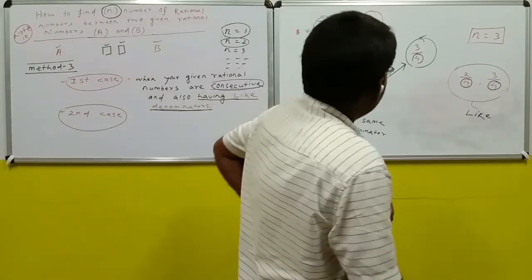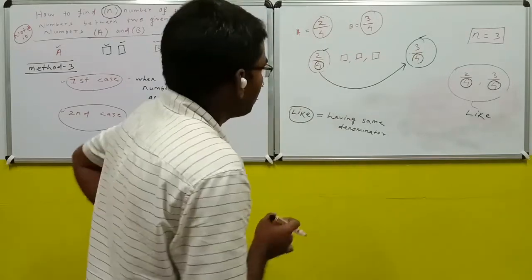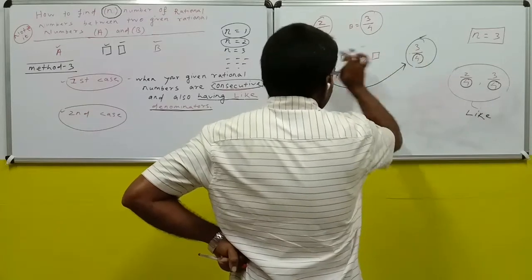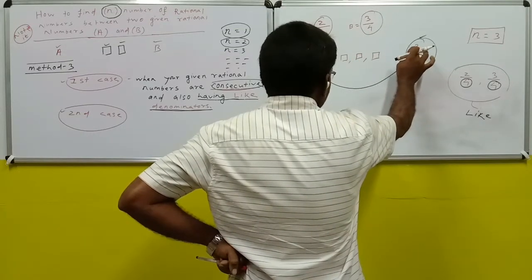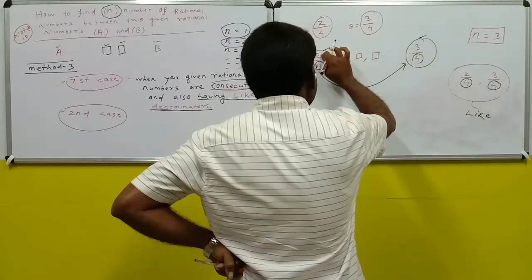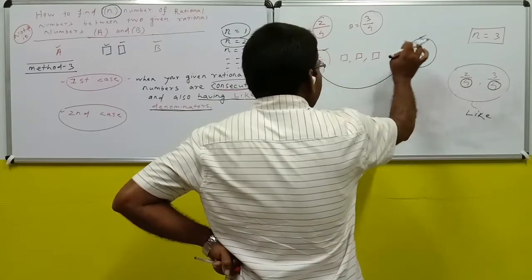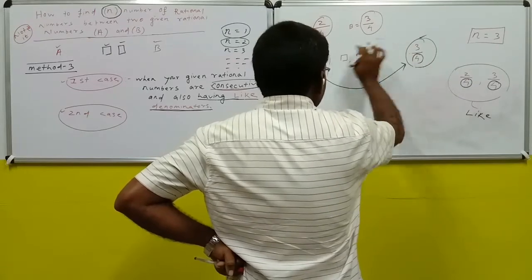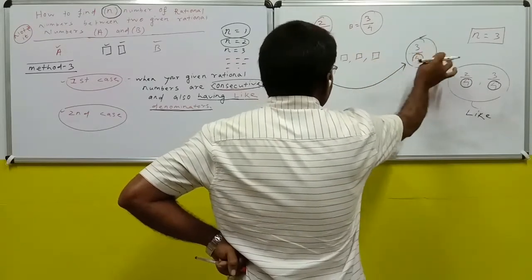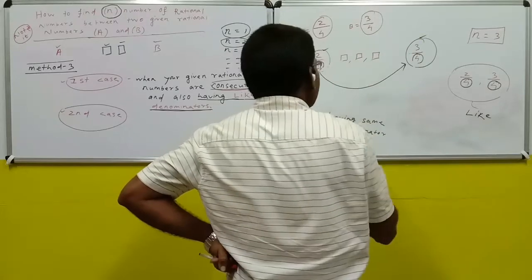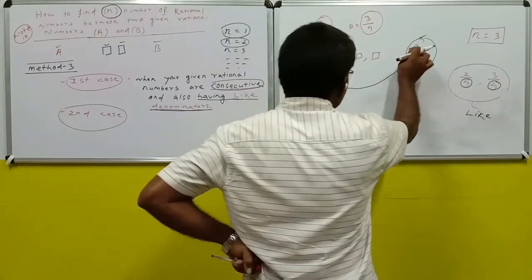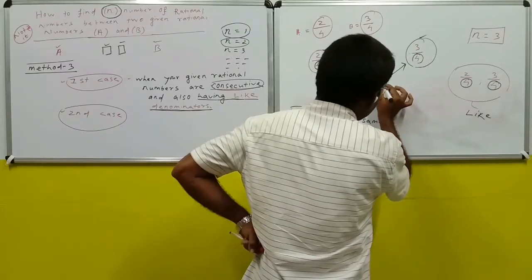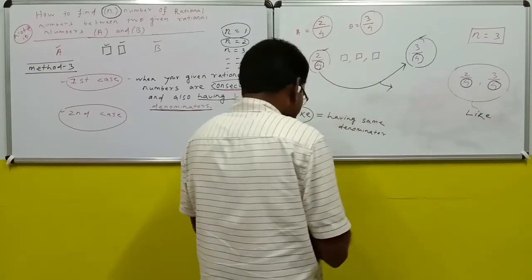Similarly, you also see that out of these two given rational numbers, this one, that is 3 by 4, is the next of this one, that is 2 by 4. It means out of your given rational numbers 2 by 4 and 3 by 4, 3 by 4 is the next of 2 by 4, and therefore these two rational numbers are also said to be consecutive.